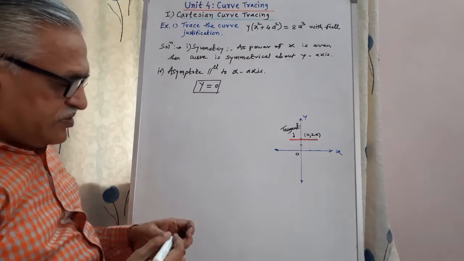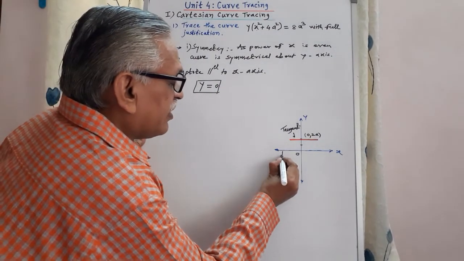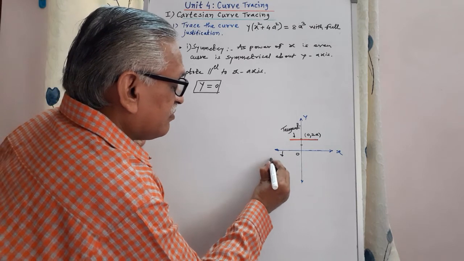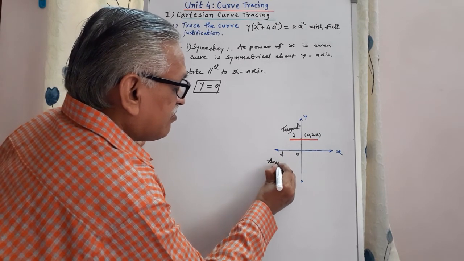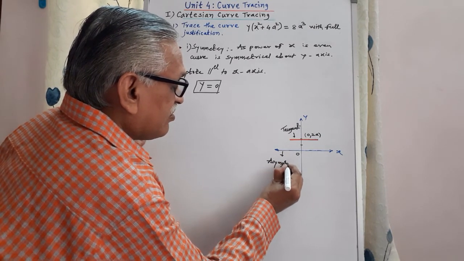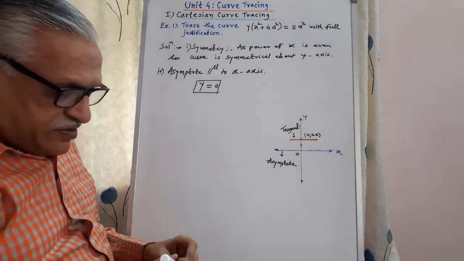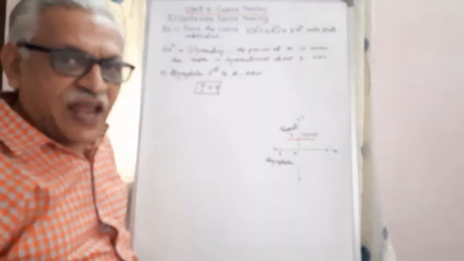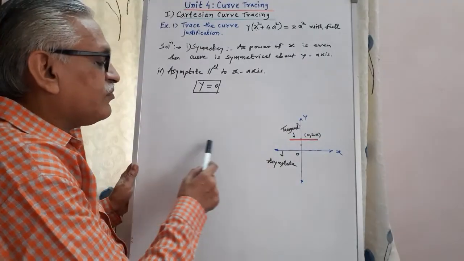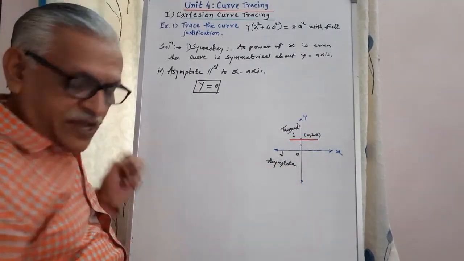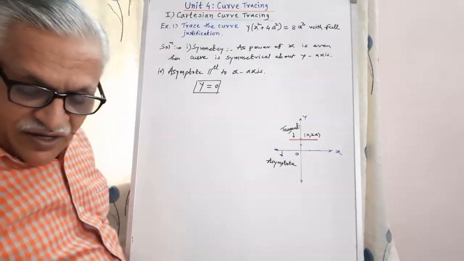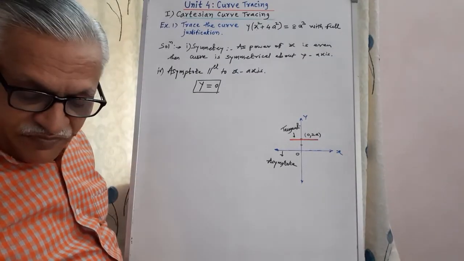Y equals 0 means this x-axis is the asymptote, which means this becomes tangent at infinity, and therefore we use the indirect way.